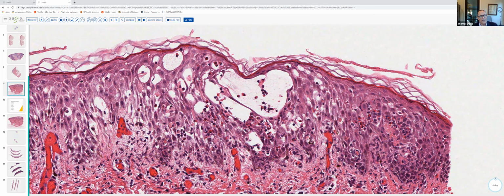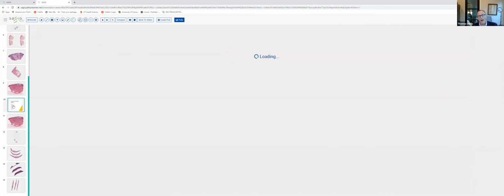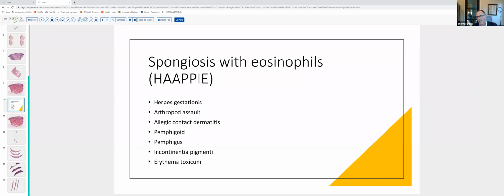And this is more or less a reaction pattern because, like most reaction patterns, there's not decided specificity with it. So we have a differential when we see spongiosis with eosinophils, as you know from reading Elston's text and most textbooks of dermatopathology, the happy differential. And it includes a variety of conditions, including immunobullous disorders such as herpes gestationis, pemphigoid, pemphigus.